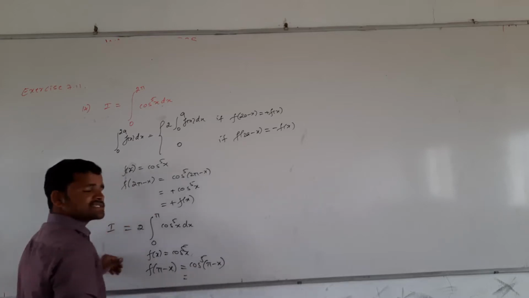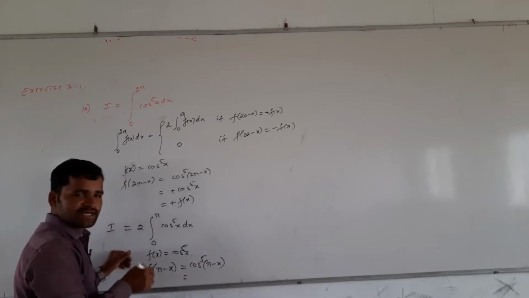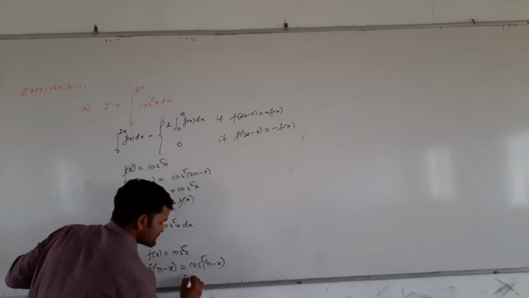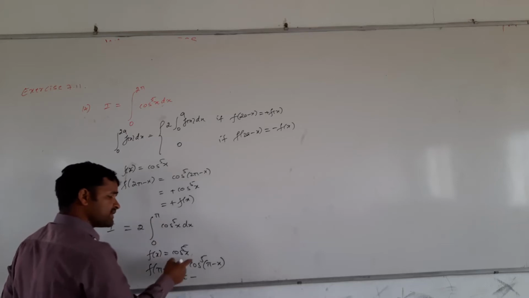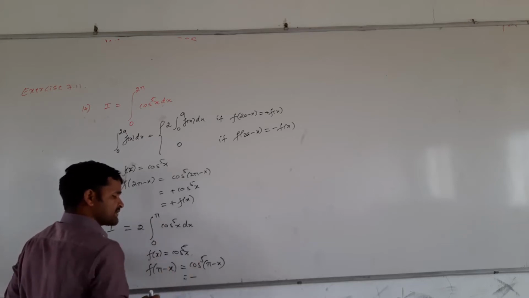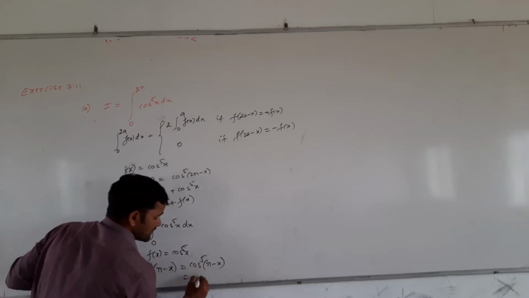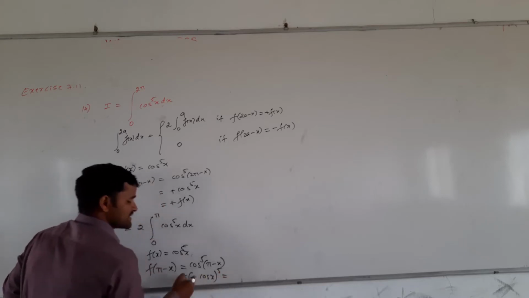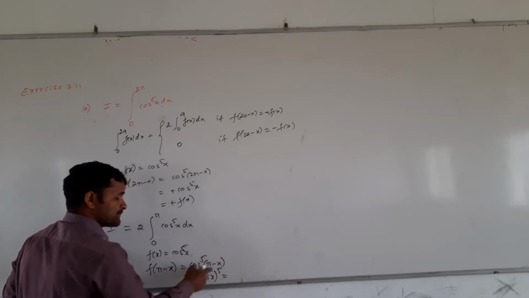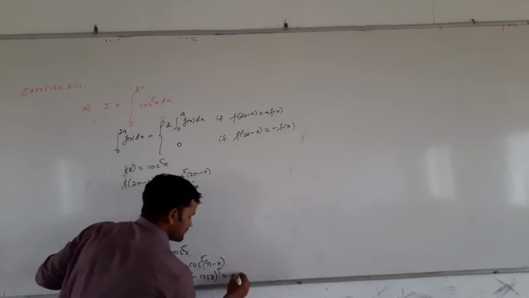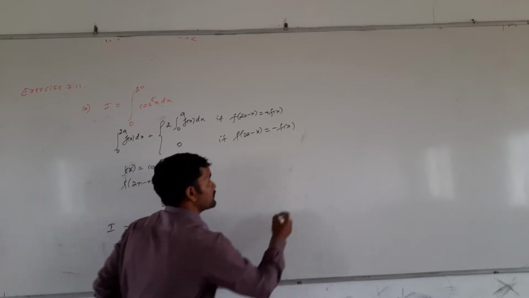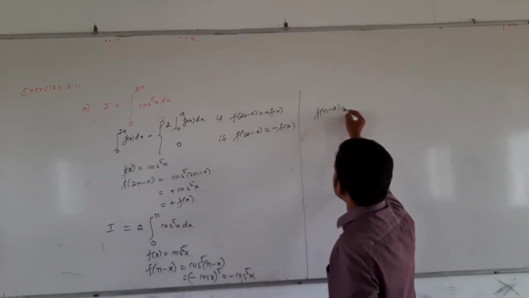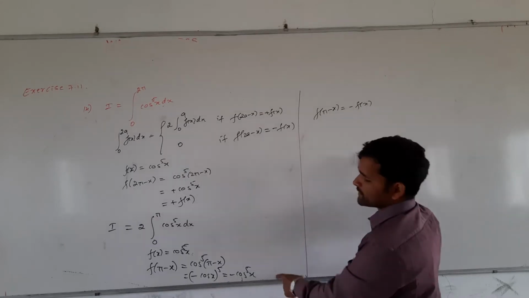Pi minus x means 180 degrees minus some angle, which comes to the second quadrant. In the second quadrant, cos is negative, so put a negative sign. We should not change the trigonometric function, it will be cos only. Minus cos x whole raised to 5. Minus is getting multiplied an odd number of times, that becomes minus cos raised to 5x. You see, f of pi minus x is equal to minus f of x here.